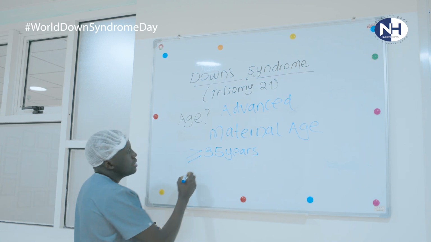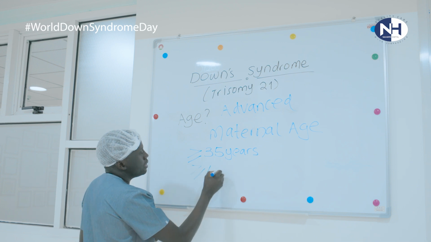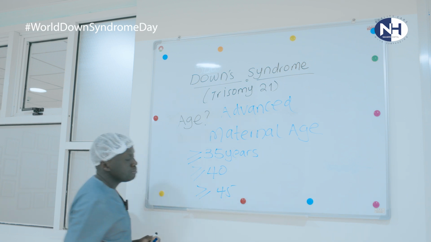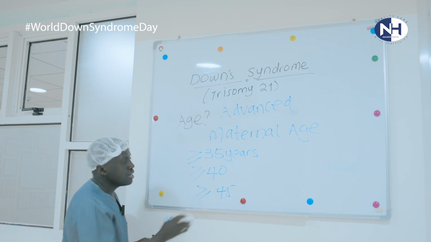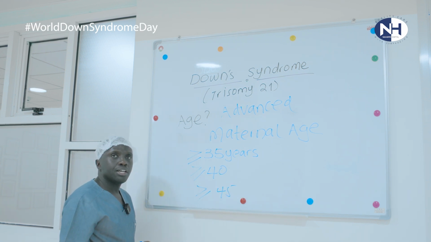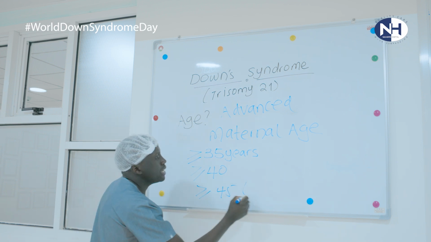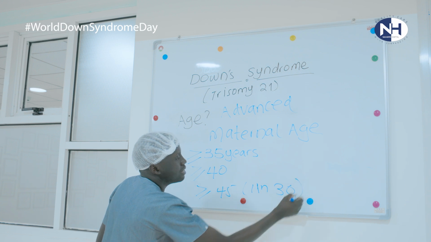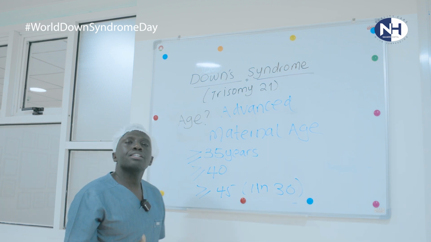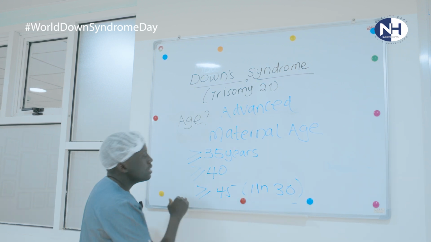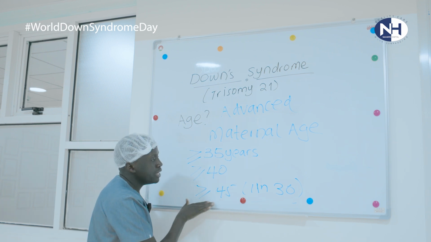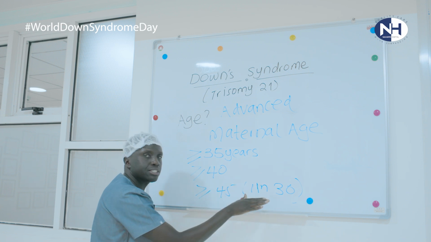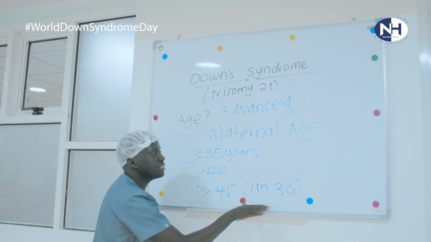And the more the age, the more the risk. For example, if a mother is 45 years of age, the risk of Down syndrome is like 1 in 30. So if a mother gets a baby above the age of 45 years, that baby has a 1 in 30 chance of having Down syndrome.